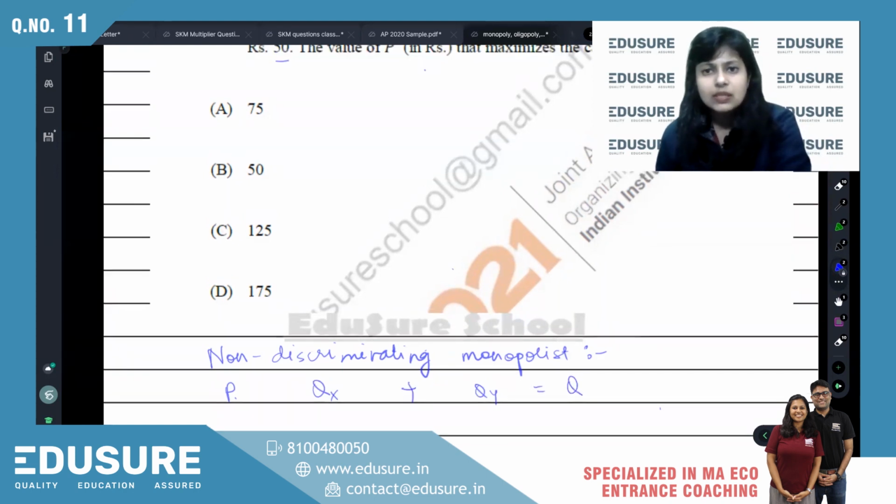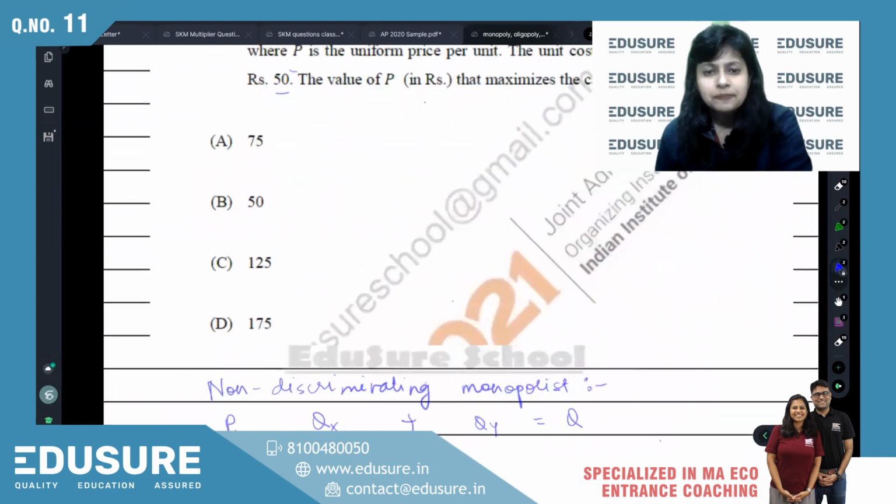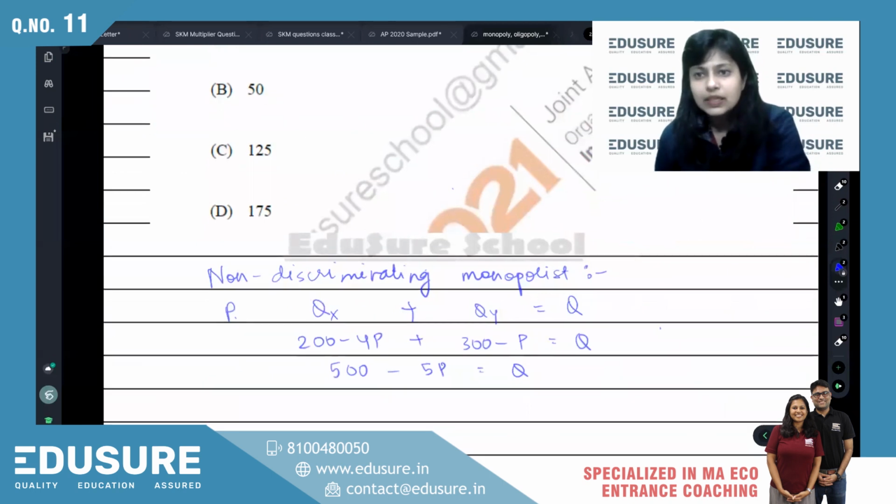QX is 200 minus 4P and QY is 300 minus P. So 200 minus 4P plus 300 minus P is equal to Q. That means 500 minus 5P is equal to Q. So we got the market demand curve.